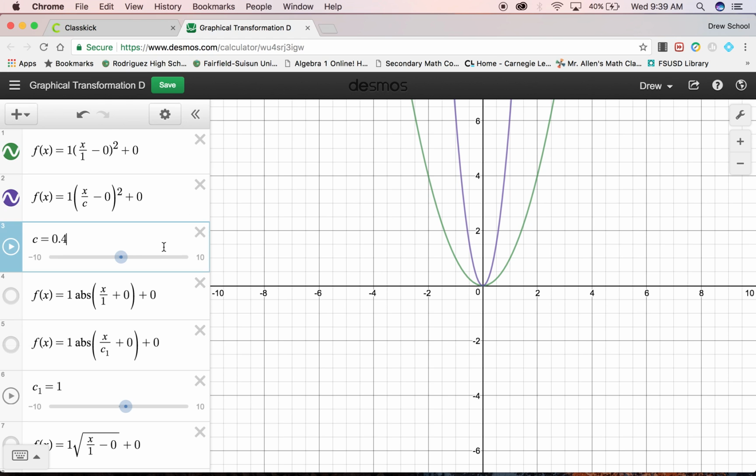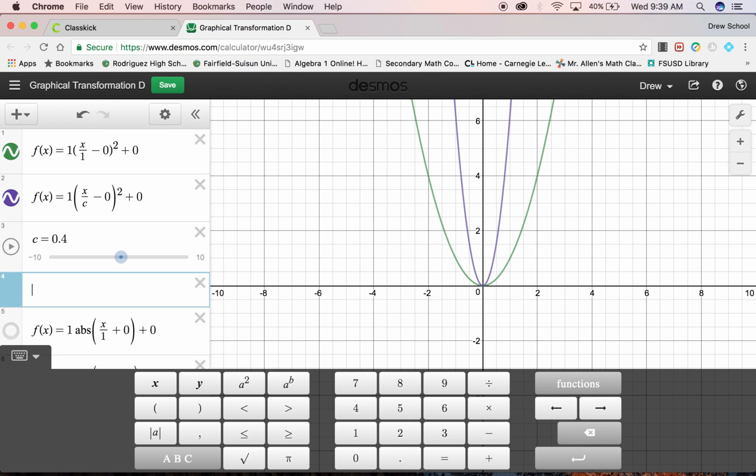All right, so this graph right here, if we actually wrote that equation, 0.4, we know 0.4 is really 2/5. So we could rewrite this as f of x equals, let's see, it'd be 2/5.